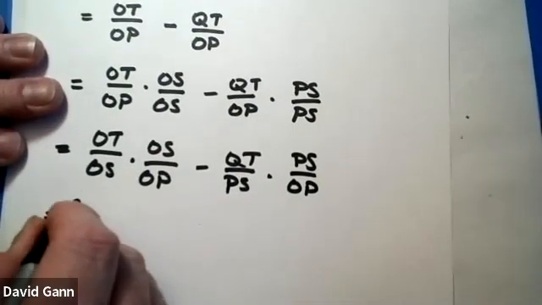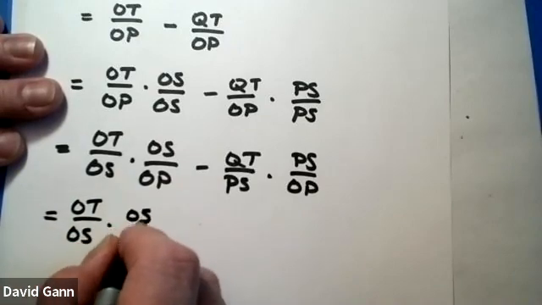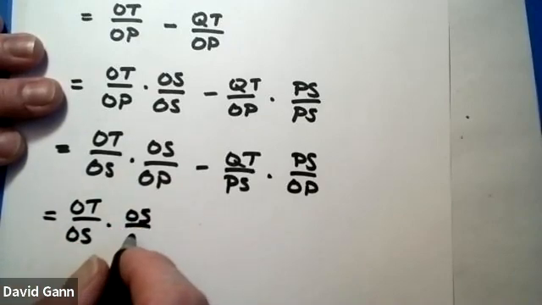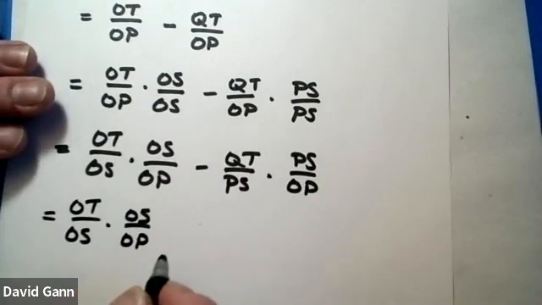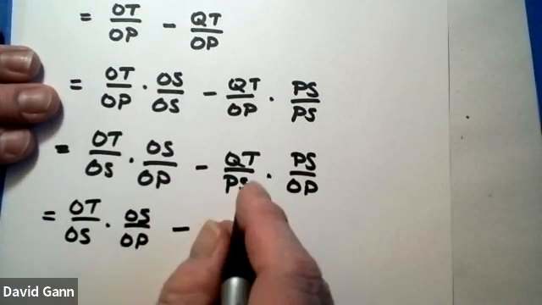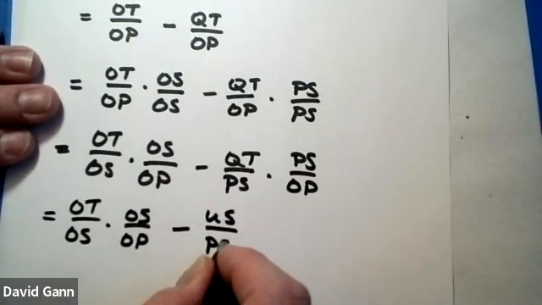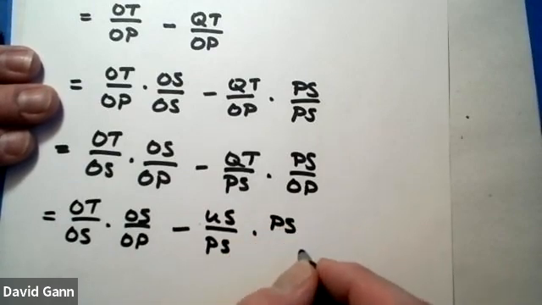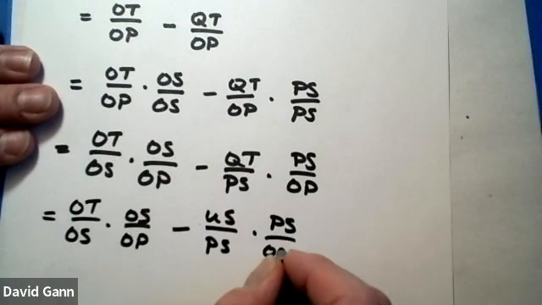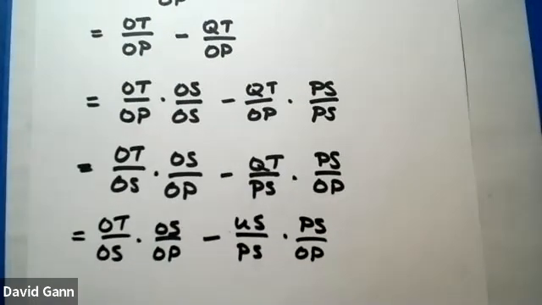So I have OT over OS times OS over OP minus US over PS times PS over OP. Okay, and I think I got those in the right order at this point.